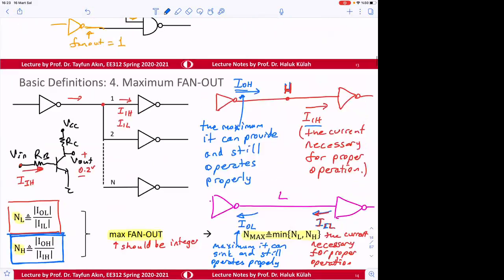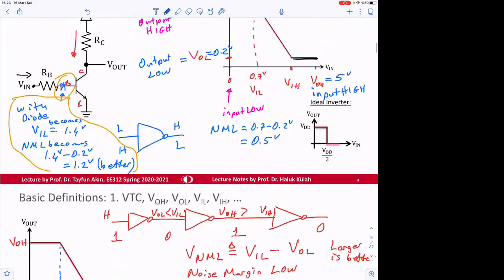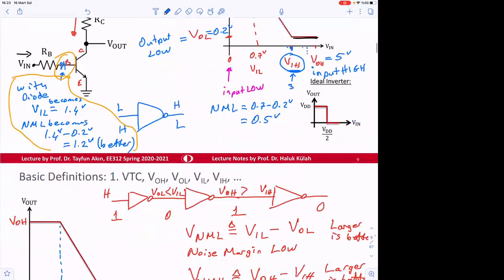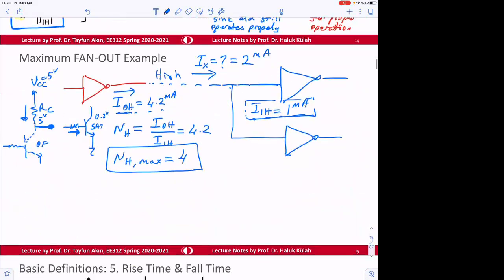It depends on our value here. If we apply 4 volt, it is still larger than this input high, so it's okay. If this input high is 3 volts, then we cannot draw more, because the voltage starts dropping. The noise margin becomes 0, for example, or even less. We will be seeing these in real circuits later on. These are just definitions, but the important point here is that this is the maximum it can give.